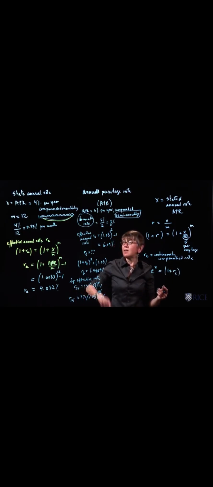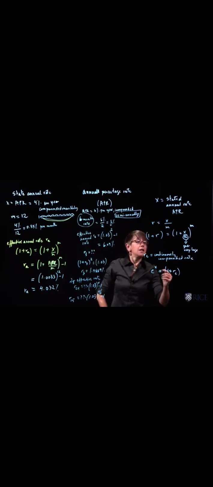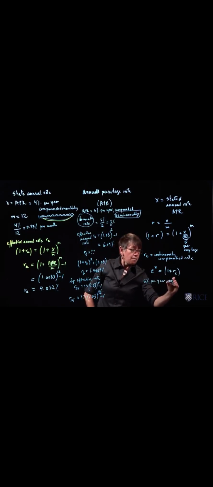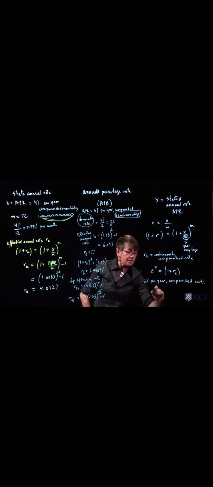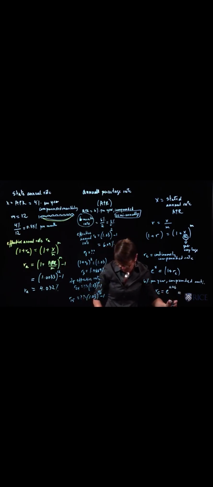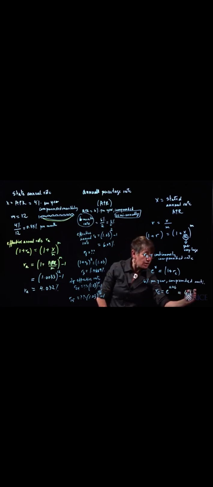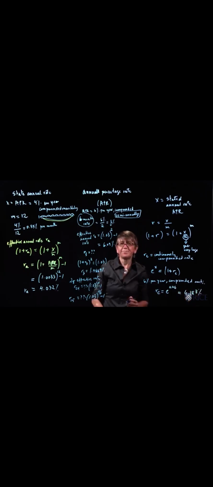So in our example, if we let the interest rate of 6% per year compound continuously, that is equivalent to e to the 0.006, which gives us 6.183%.